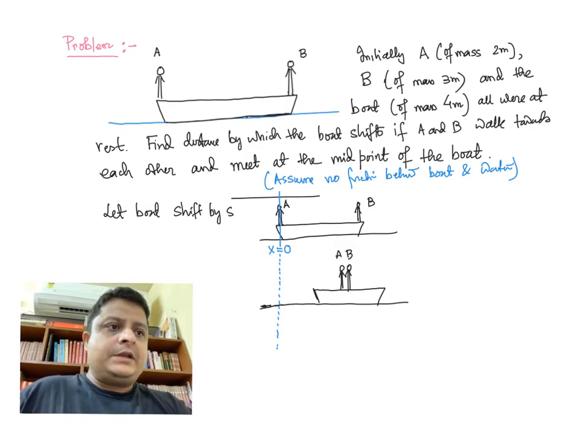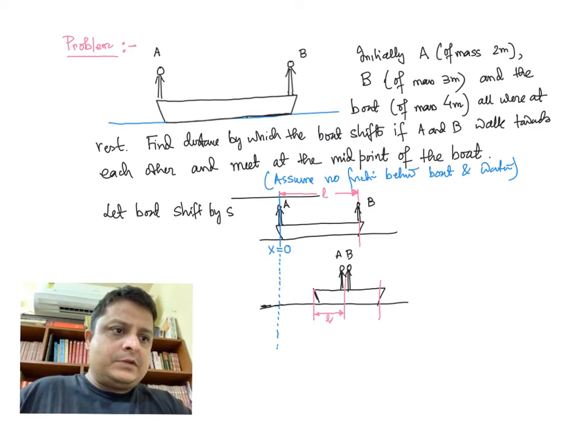Here it is given that the length of the boat is L. So that distance is L by 2, and we have also assumed that the boat shifts by a distance S, and that too obviously by default towards the right.